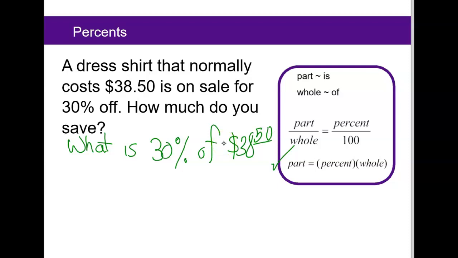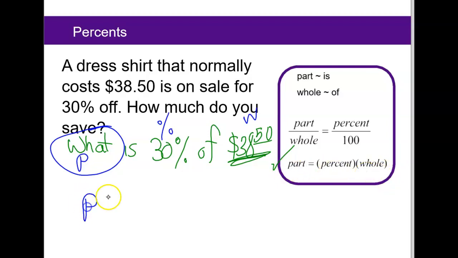We're trying to find out how much we save. So this is the total amount. That's the whole in the problem. The 30% is definitely the percent in the problem, and what I don't know is the part. So I could write this equation: part is equal to the percent times the whole.